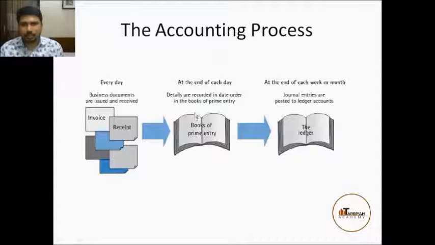This happens at the end of every day, before the business closes down. They record all the invoices and receipts they received into the books of prime entry, and then at the end of that week, all those entries from the books of prime entry are recorded to the ledgers.